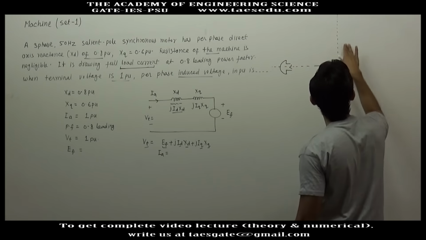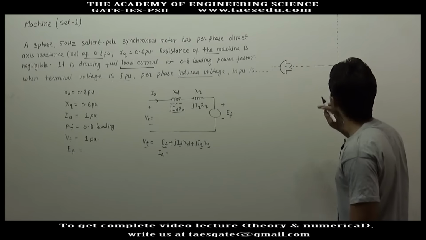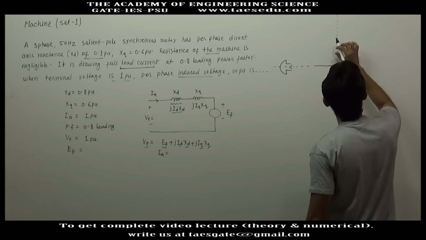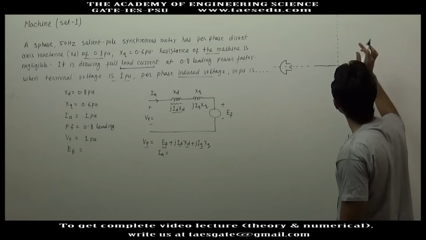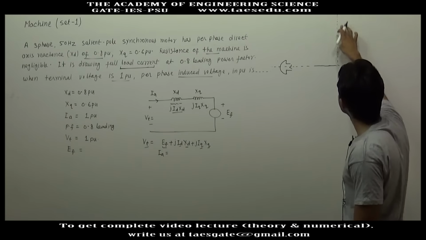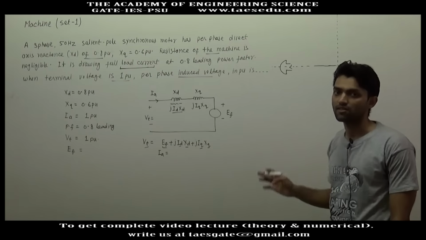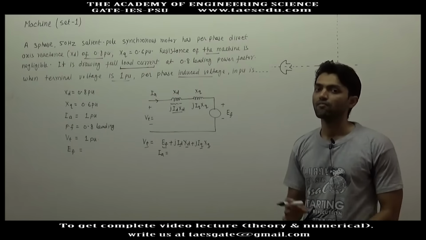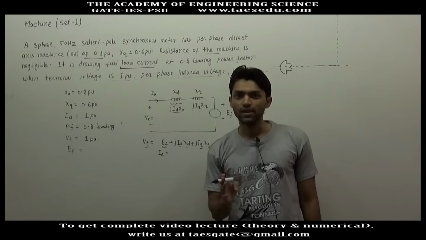This is D axis, this is Q axis, and since this is the case of a motor, let's say the machine rotates in anti-clockwise direction. So the phasor of Vt will lead the phasor of EF. In synchronous machines, we have studied that in case of motor, the phasor of Vt will lead the phasor of EF, while in case of generator, the phasor of Vt will lag the phasor of induced voltage.